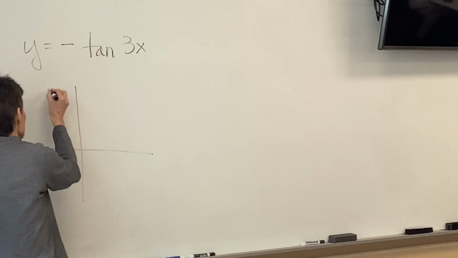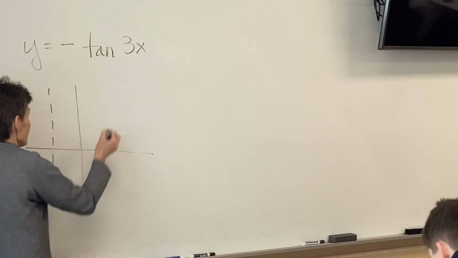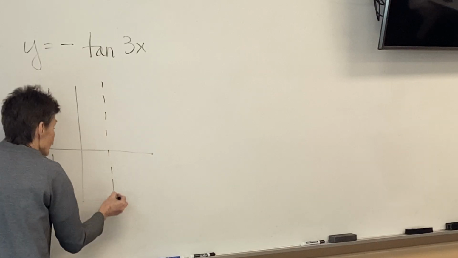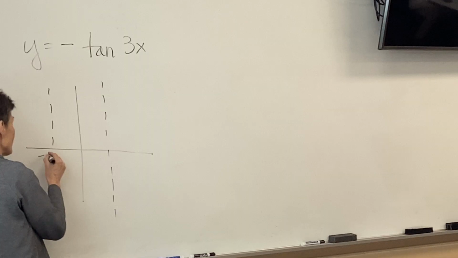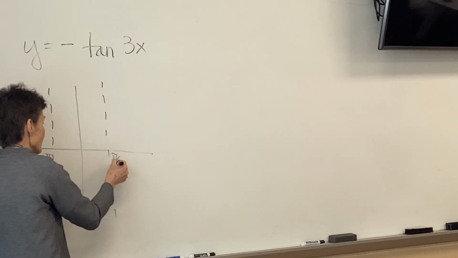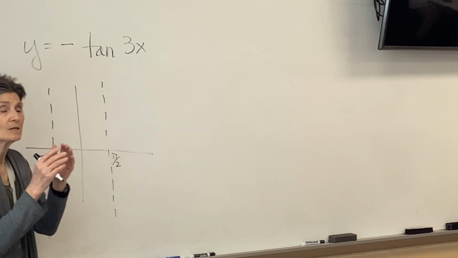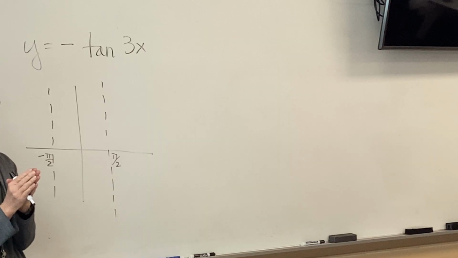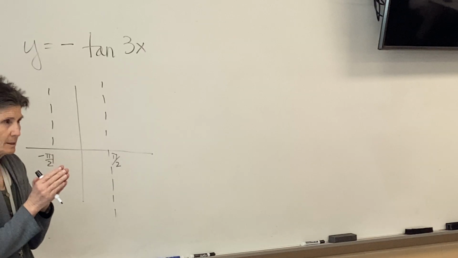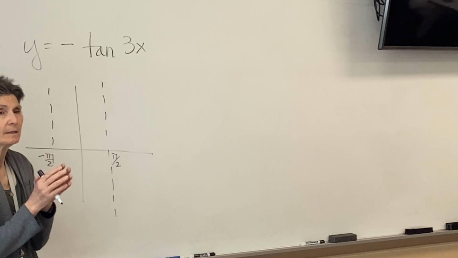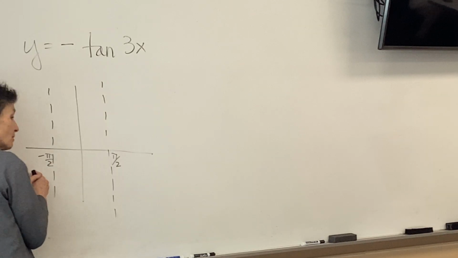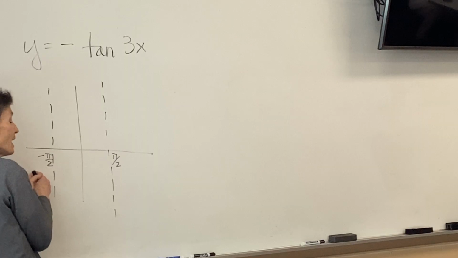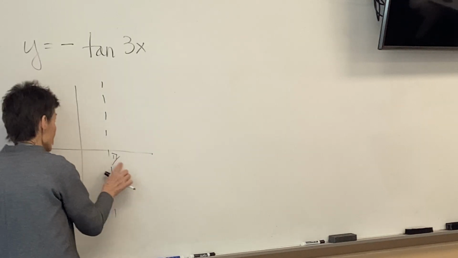So, normal tangent, asymptotes at negative pi over 2 and positive pi over 2. That is the normal. But what am I doing here? I'm dividing by 3. So where are these going to be? They're not going to be at negative a half and a half. They're going to be at negative 6 and 6.